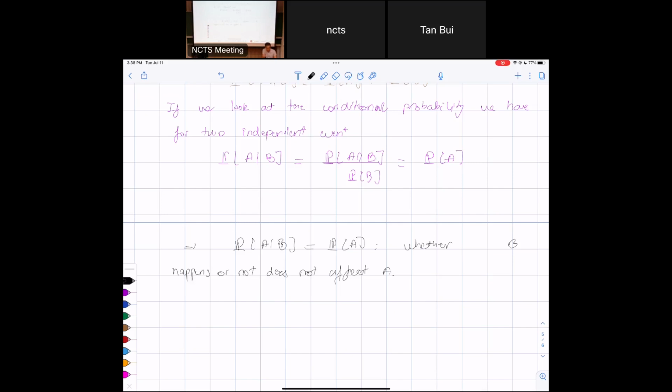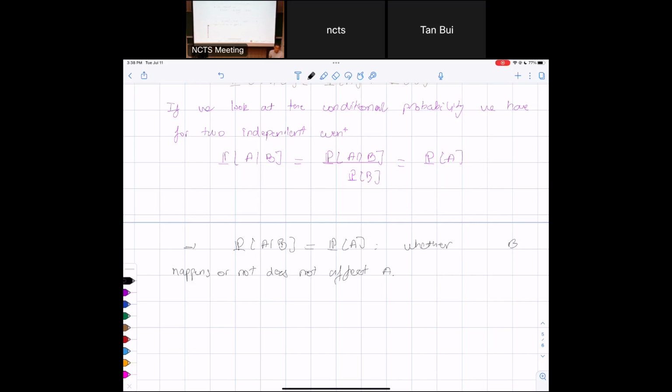If I'm sick, then you will not go to class, right? So we are no longer independent. But what happened to me before and what happened to you before are completely independent. Regardless of what happened to me, you just do the usual thing that you do.